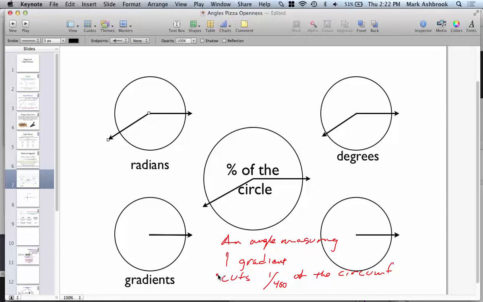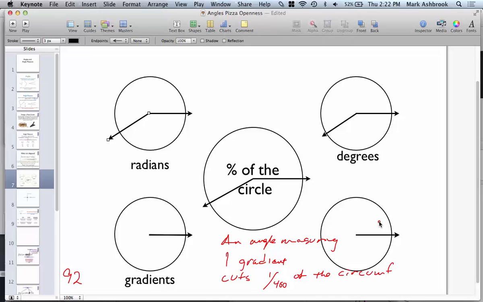So let's start with, how about 92 gradients. So first of all, can you estimate 92 gradients? Can you estimate where that terminal side of the angle will land? Or how open is that angle? 92 gradients.